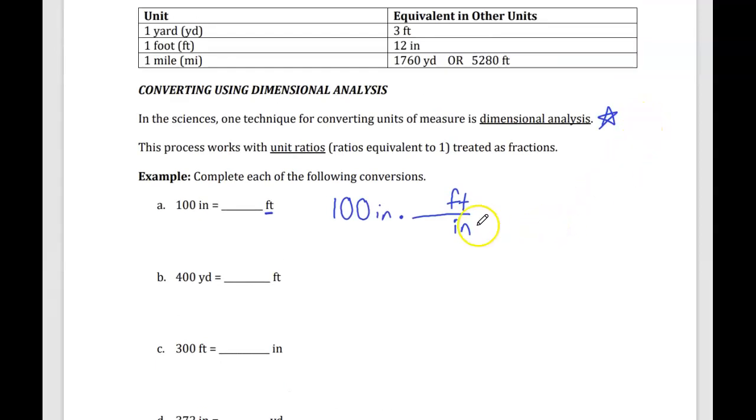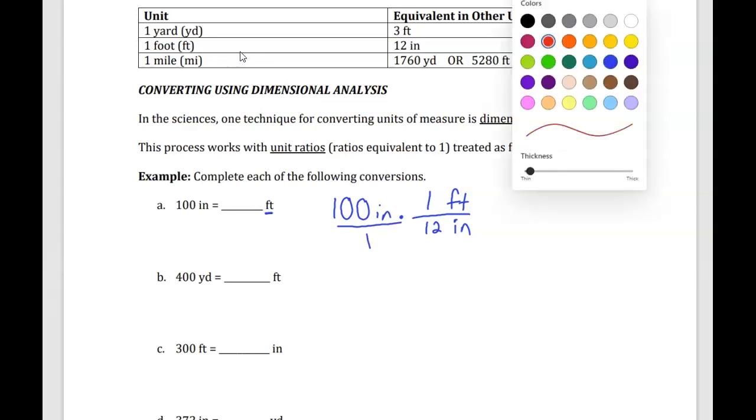And what do we know about inches and feet? We know there are 12 inches in 1 foot. So we put 12 inches is equal to 1 foot. This is a unit ratio because these two things are equivalent to each other. And you can always think of this as over 1.